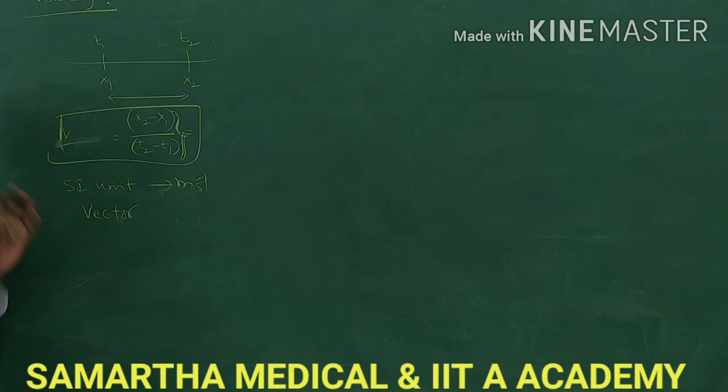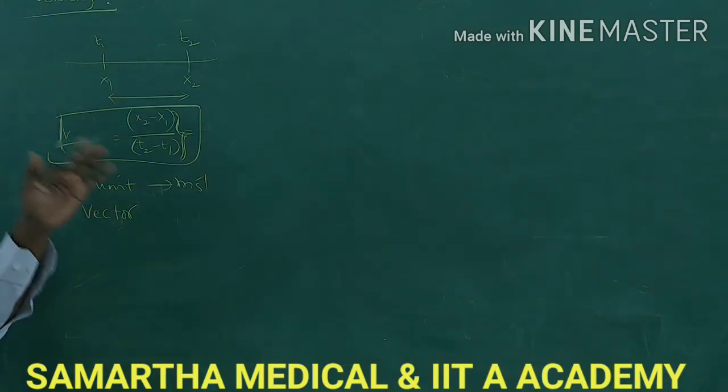What is a vector? It has direction, and it is always parallel. A vector means a physical quantity which has both magnitude and direction, and it has to obey vector laws of addition also. What are the vector laws of addition?